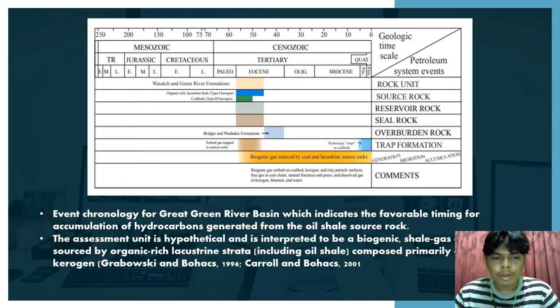The assessment unit is hypothetical and is interpreted to be a biogenic shale gas source, with strata including oil shale composed primarily of kerogen.